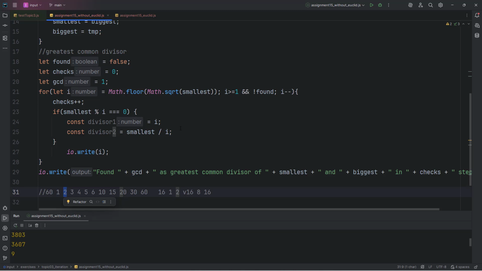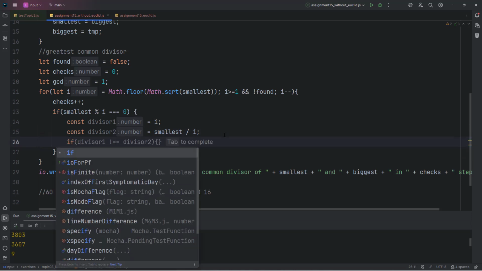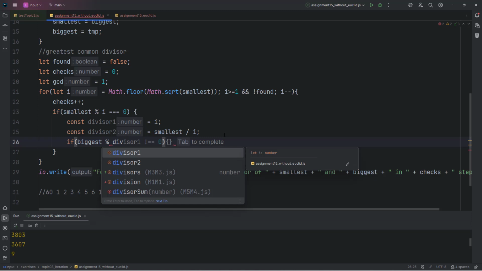Okay. And then I just have to check if these divisors happen to be, or at least the biggest one, happens to be also a divisor of the biggest number. So if my biggest number has a divisor called divisor, and the biggest one of those divisors will be divisor 1.